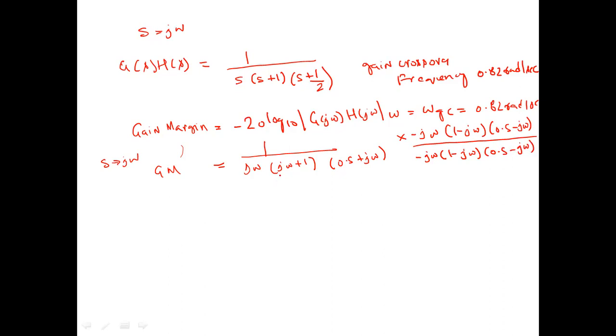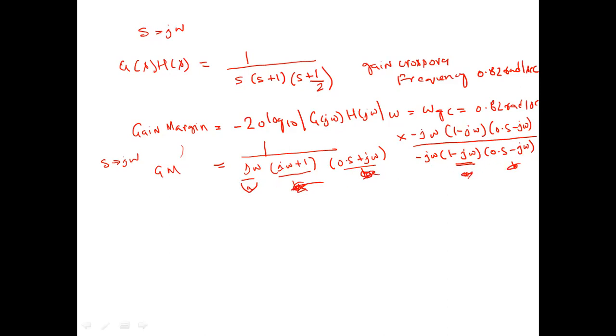So this is the b term, this is the c term. If you multiply on both sides, forget about this a and b, this is confusing.